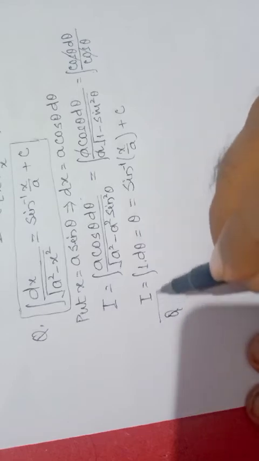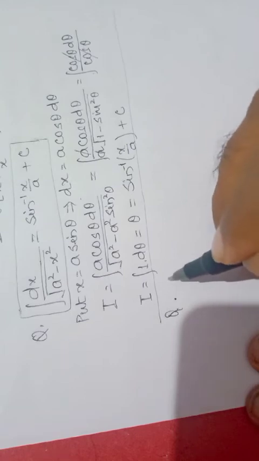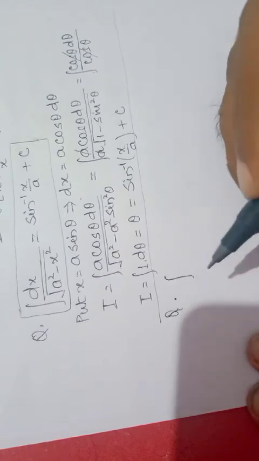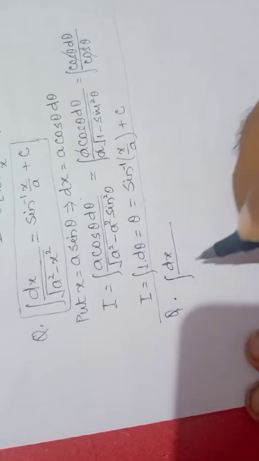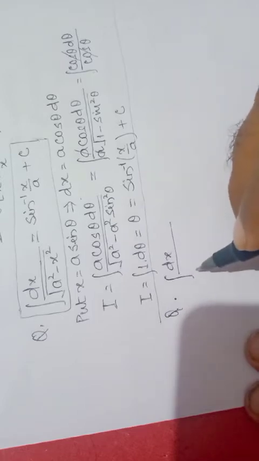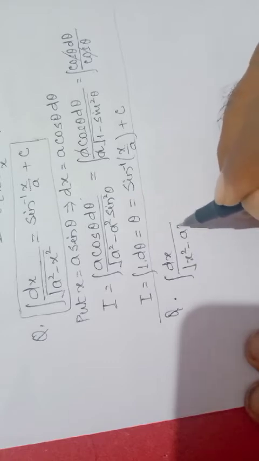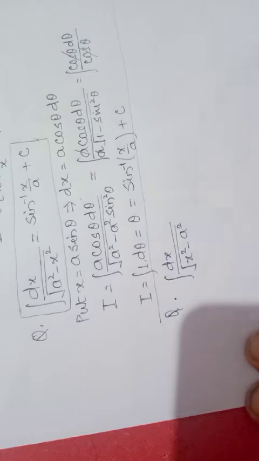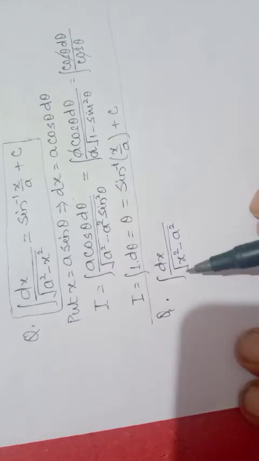Your next identity based on this is integrate dx upon under root x square minus a square. Again here apply a suitable substitution so that the terms inside the root become a suitable trigonometrical identity.